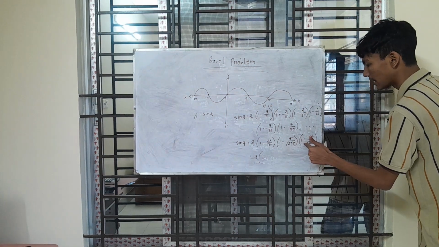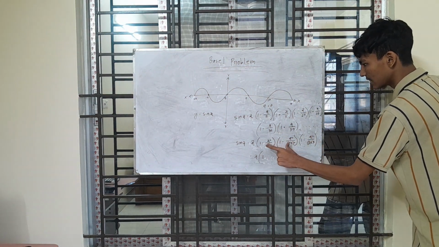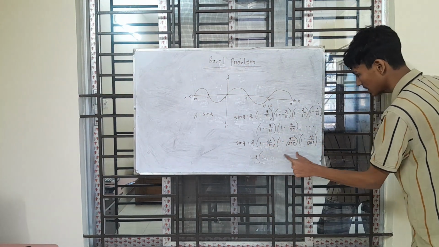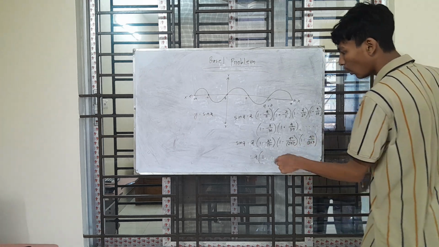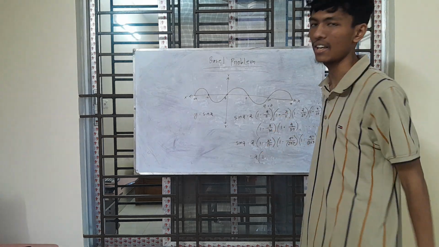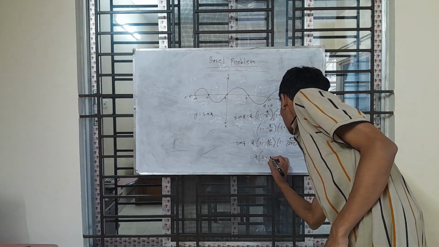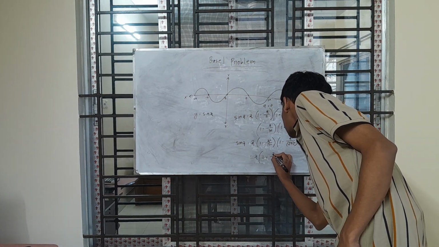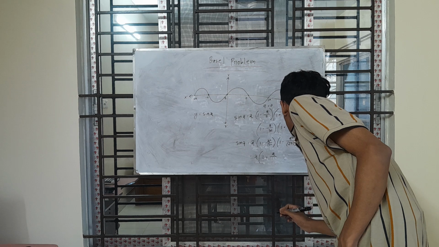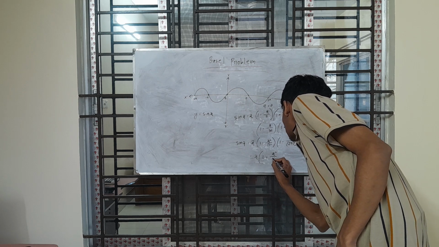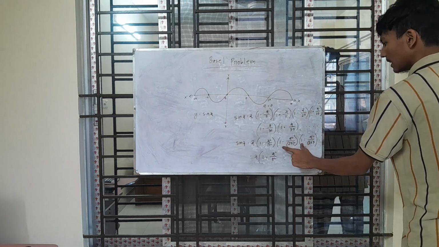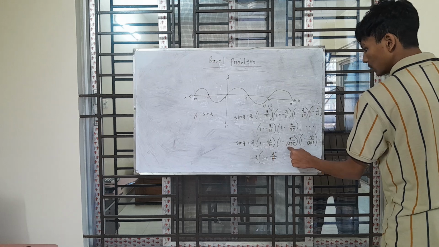Then we are multiplying these two products with this. Then also we can get x squared by pi squared, right? So we can write it like that, x squared by pi squared. Like this, we can do this.